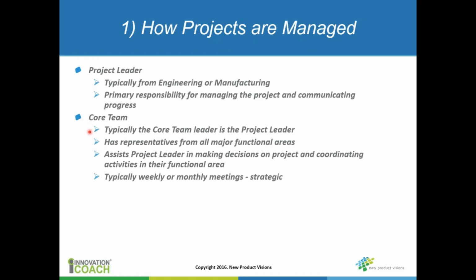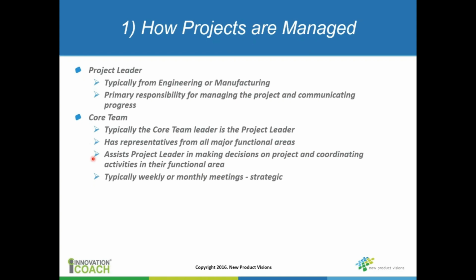Within phase gate, I think it's important to have this concept of the core team. The core team leader usually is the same project leader. It doesn't have to be. The core team will have representatives from all the major functional areas, for instance, engineering and manufacturing and maybe marketing or sales, the product manager and so forth.